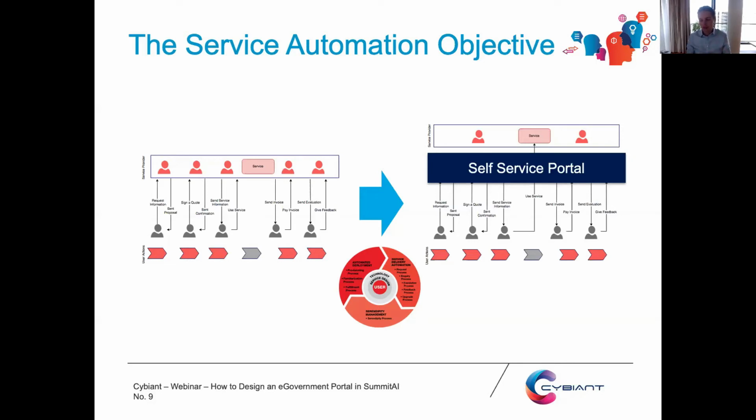And by building this self-service portal, we build in an additional layer between the service provider and the user. And every kind of communication is exchanged through that self-service portal. This will make it easier, more reliable, it's always trackable, and most importantly, it's more cost efficient.